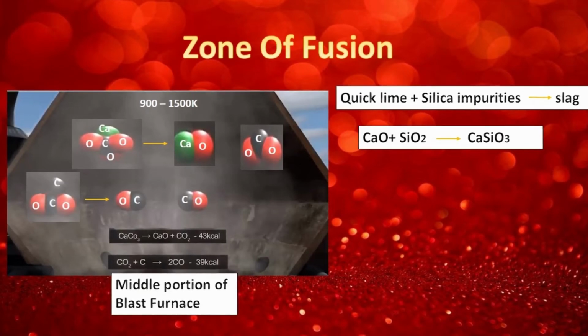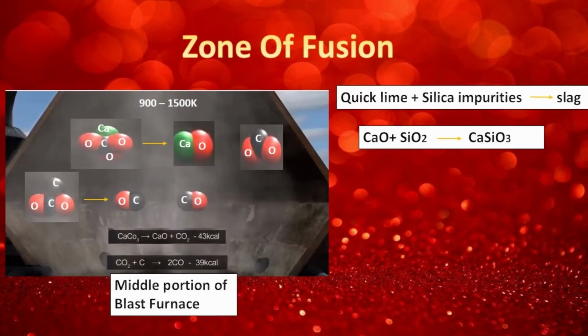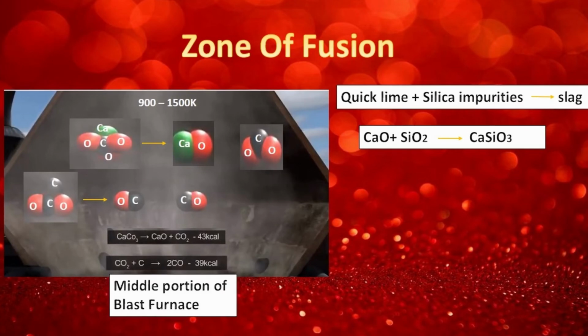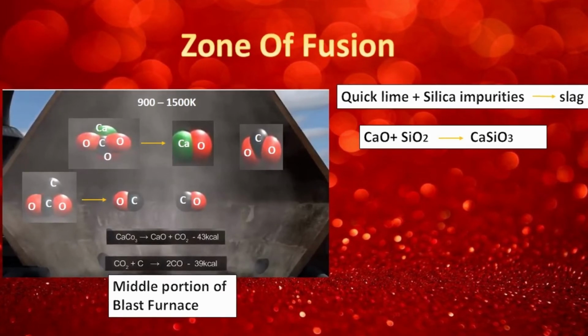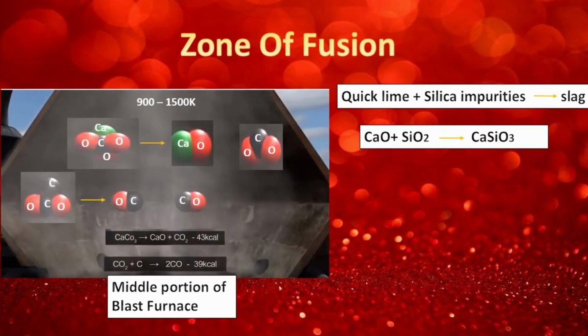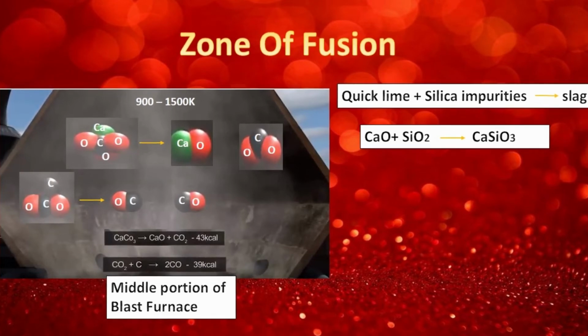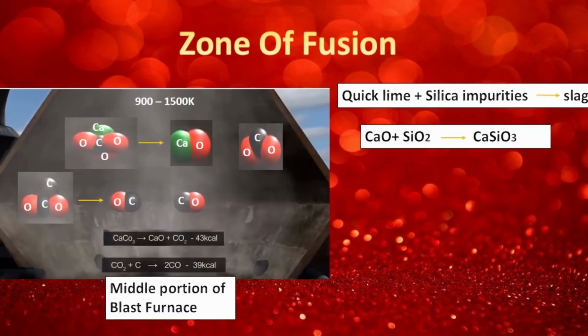This molten iron flows down to the bottom of the furnace and limestone will decompose to produce calcium oxide and carbon dioxide. This calcium oxide will further react with silicate impurities present in the ore to form calcium silicate or slag. This slag will be formed in the molten state and it flows down and floats on the molten iron.